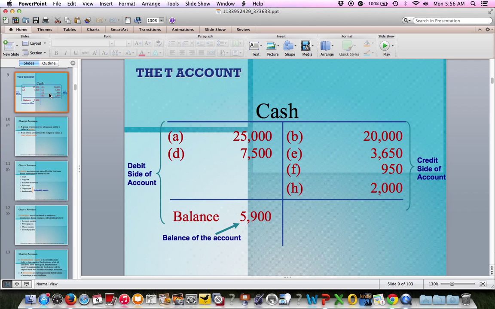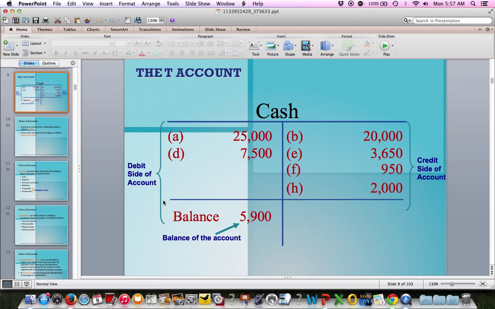And so here's just an example of a T account, and this is the posting of all the transactions that went through our company in the month of November when the company started. We had the initial deposit of cash of $25,000 from the owner account into the business account, so that debit of cash at 25 right here, and then so another debit and various credits. And so the debit side's left, credit side's right, and we have more debits than credits by $5,900, so that's our balance.